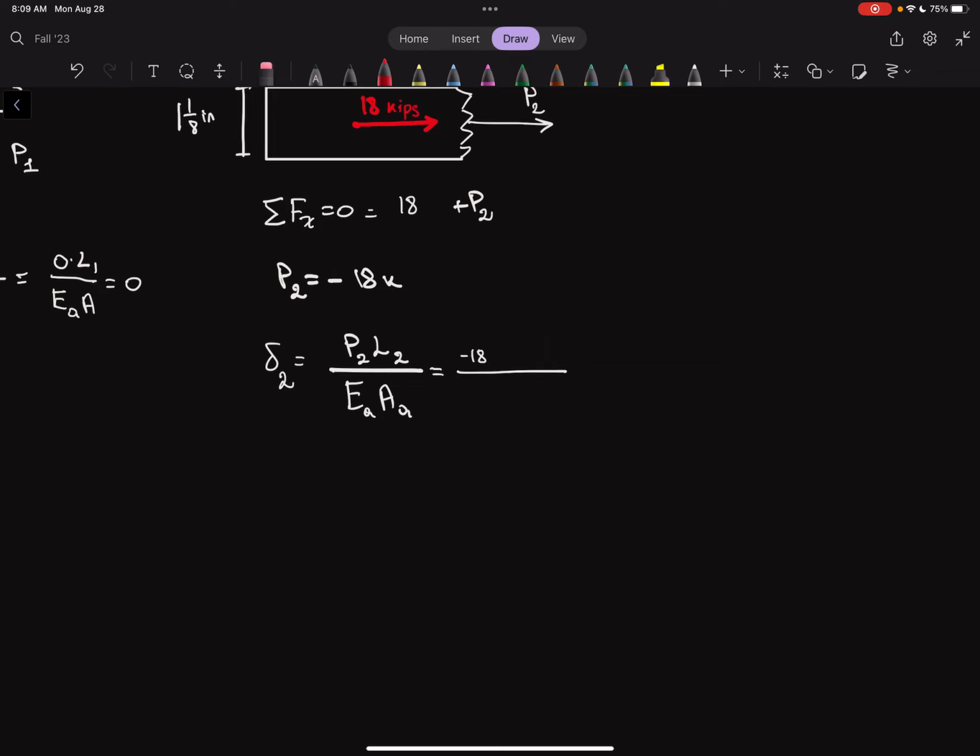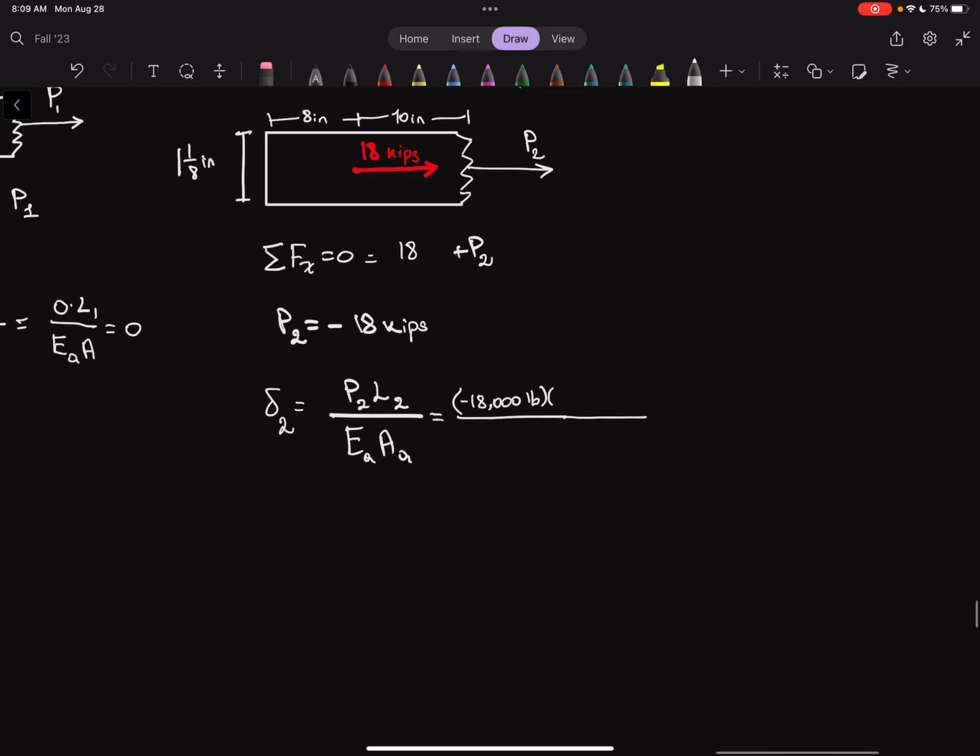Sorry if that confused you. Kilopounds. So that means 18,000 pounds. I always like to convert to base units when I do these things, because then I can simplify the units and I can make sure that my algebra is correct.